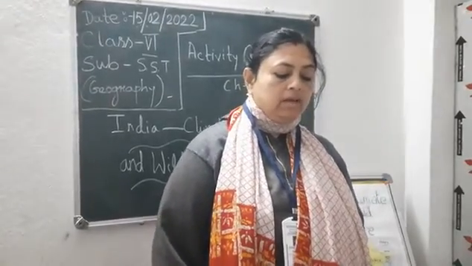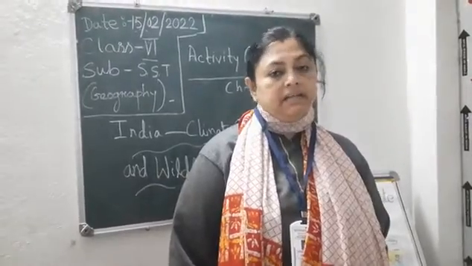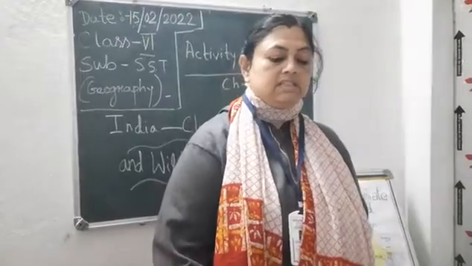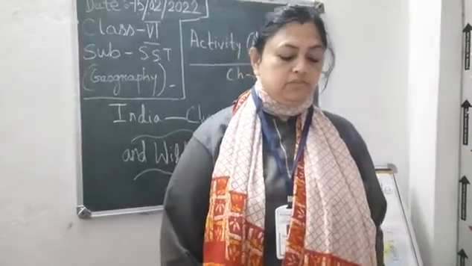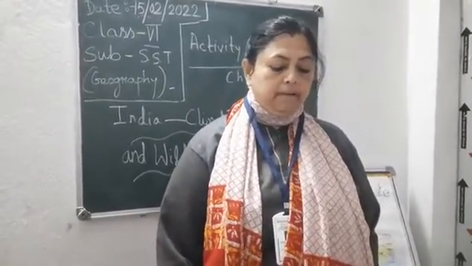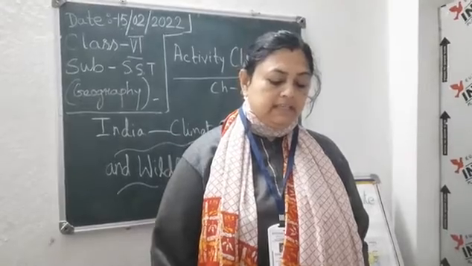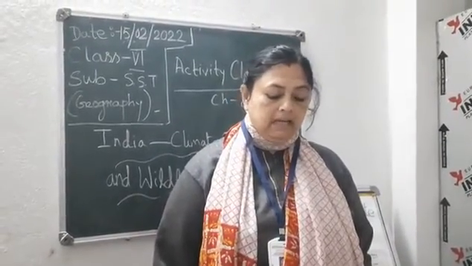Then the factors which influence or affect India's climate are latitude, altitude, distance from the sea, and prevailing seasonal winds. First we will talk about latitude. The Tropic of Cancer passes through the middle of India, and the southern half falls in the tropical region and therefore has tropical climate.